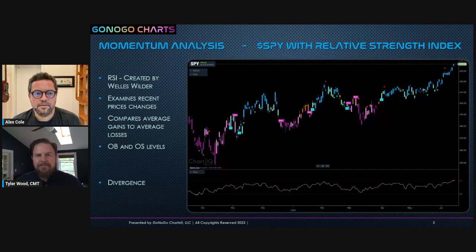Again, as Alex said, typically a reading above 70 is going to denote those overbought levels. But what about 69 or 71? There's some interpretation there. There's some subjectivity to an arbitrary number on these oscillators. And it's in the hands of the individual investor or trader to interpret whether a signal below 30 is oversold, a signal above 70 is overbought.